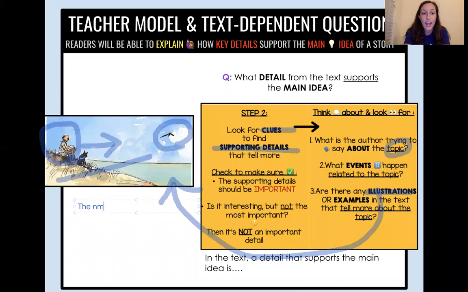So for the main idea, I can say, the main idea is Jackson lets his ideas come to him from his surroundings.